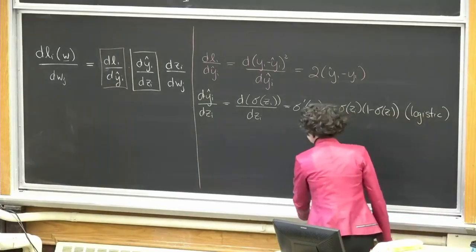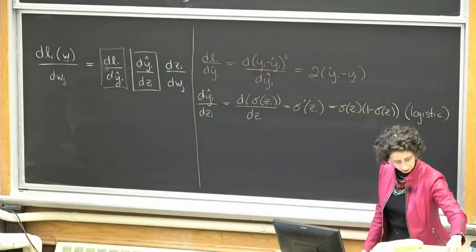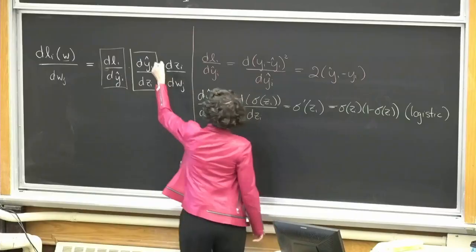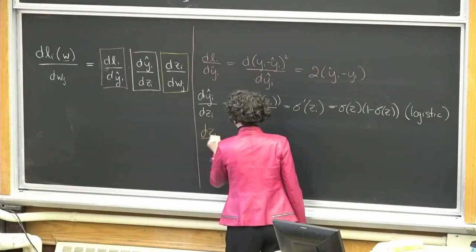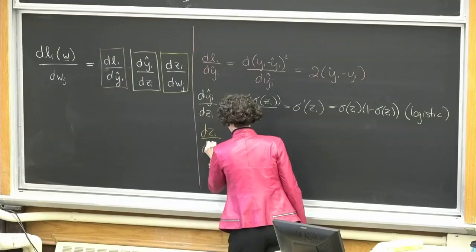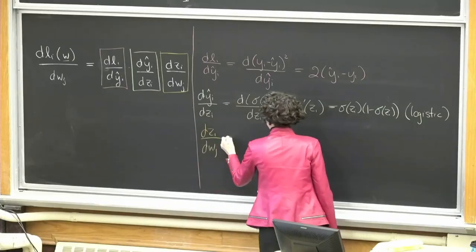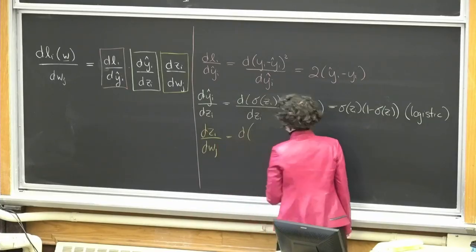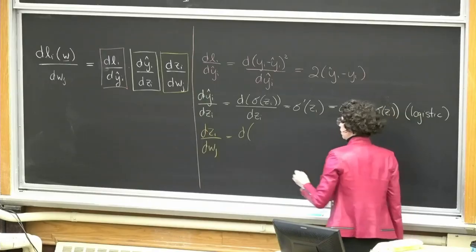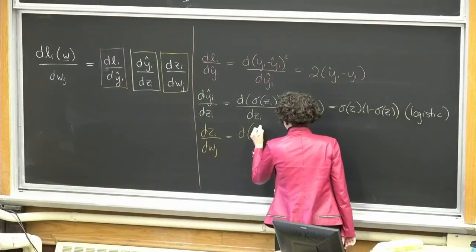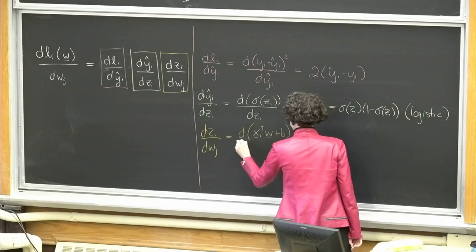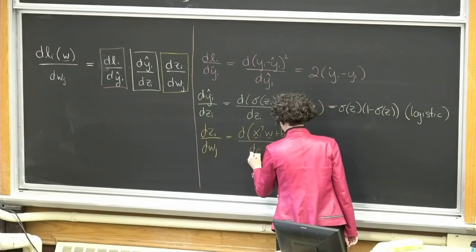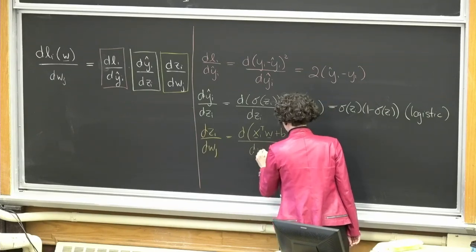And then finally, we need the derivative of zi with respect to wj. Remember that zi was simply xi transpose w plus b. So we want the derivative of this with respect to wj.